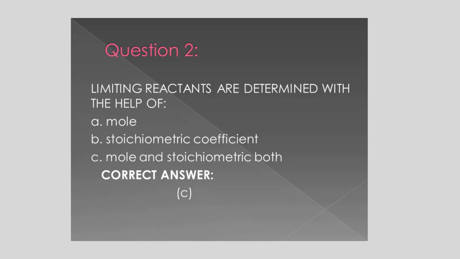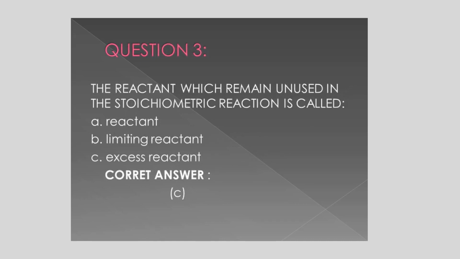This is the third question. The reactant which remains unused in the stoichiometric reaction is called A, reactant, B, limiting reactant, and C, excess reactant. Here, the excess reactant. The correct answer is C, excess reactant, which is given in the previous discussion.